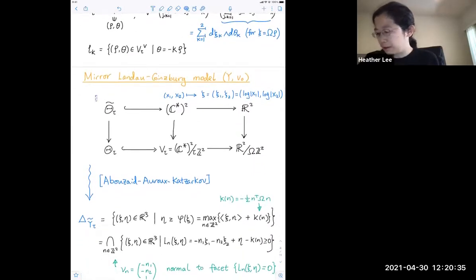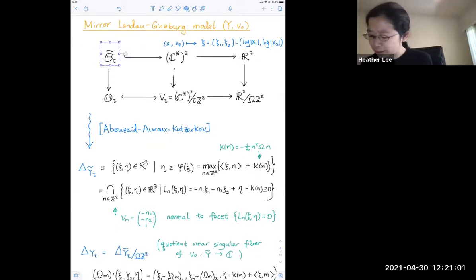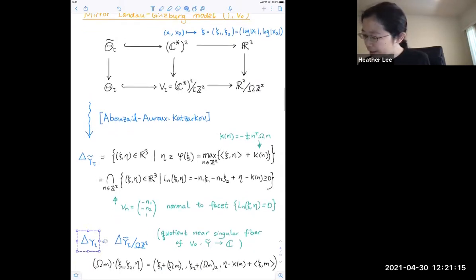So for the first line of this diagram, we can follow this Abouzaid, Auroux, Katzarkov construction to construct a mirror. Here's a formula that gives the moment polytope of the mirror to this theta tilde, and then we can quotient this by this action, this omega times Z^2, to get a moment polytope for Y. Okay, so what are these formulas?